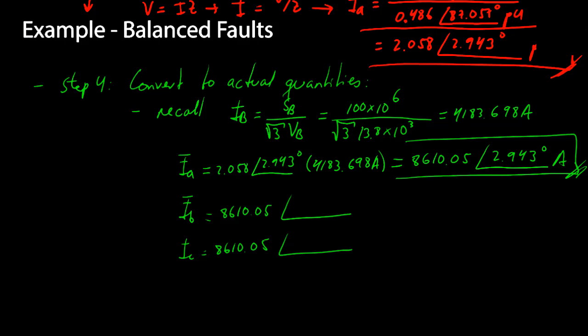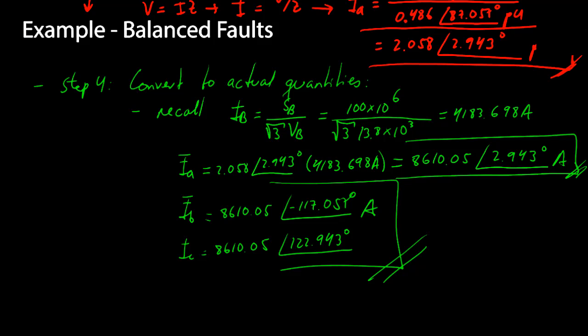So IB is going to be minus 120 and IC is going to be plus 120, again for an ABC rotation system. So the angle for the B phase then is going to be minus 117.057 degrees, and this is again in amps, and IC is going to be 122.943 degrees. So now we have all three phase currents. So we have IA, IB, and IC. Again, because this is a balanced fault, all of them have the same magnitudes, and the angles are shifted by 120 degrees.